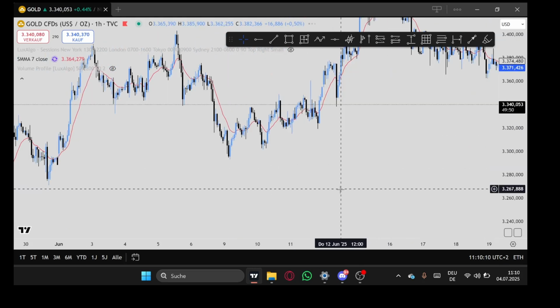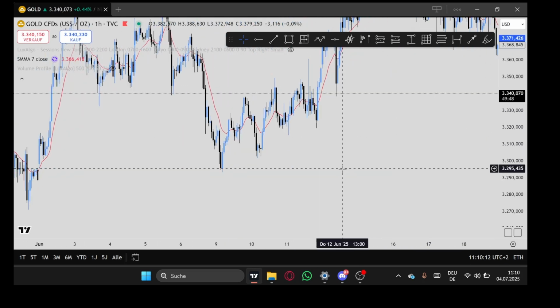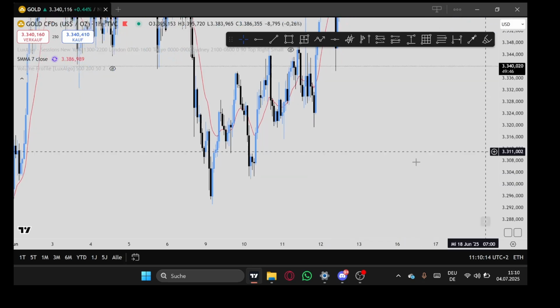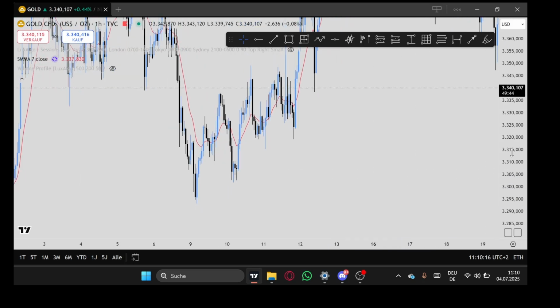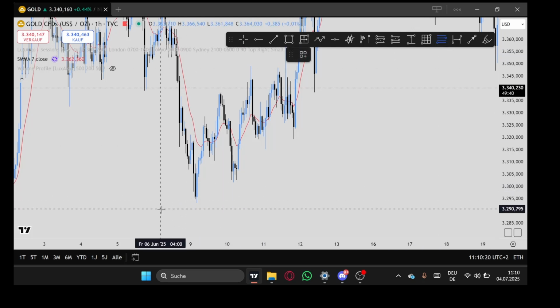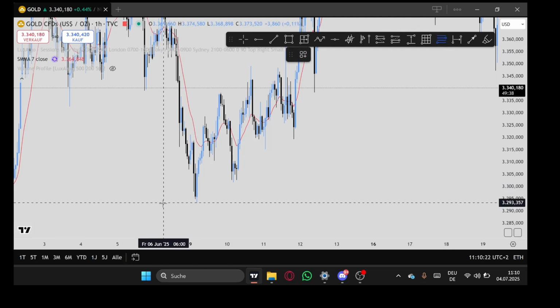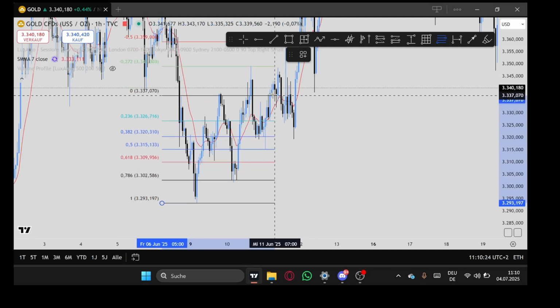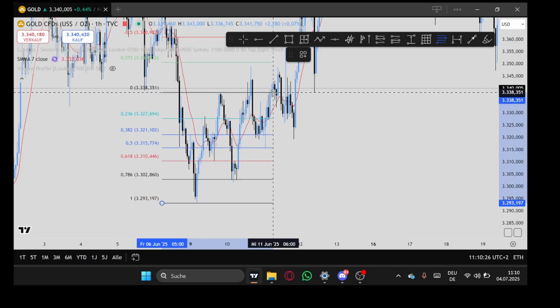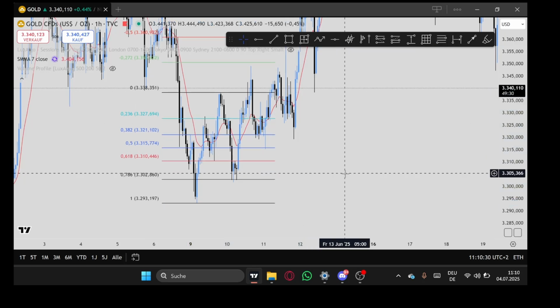And we can do one more example on the H1. This is more likely the 786 level. So let's see. Low to high.